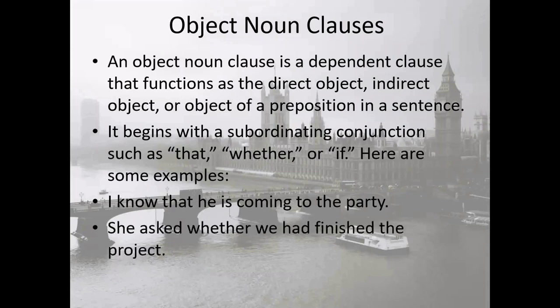She asked whether we had finished the project. So this whether is a subordinating conjunction, and from whether till project, this is the noun clause, and if you focus on its placement, it is an object.